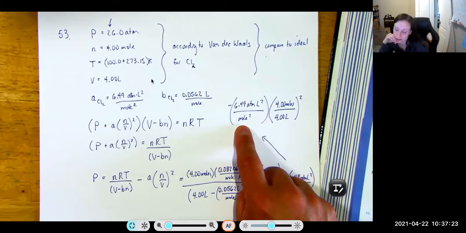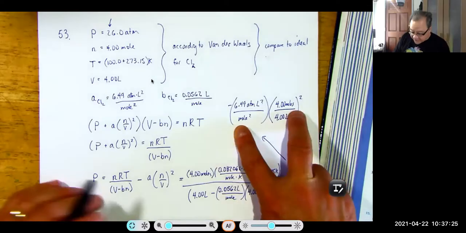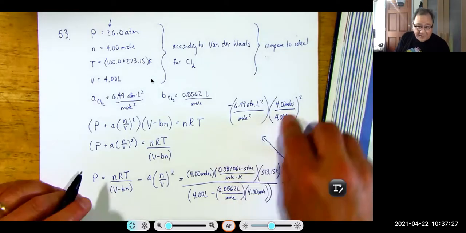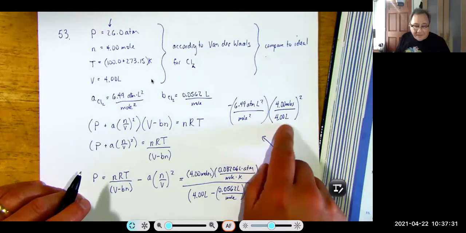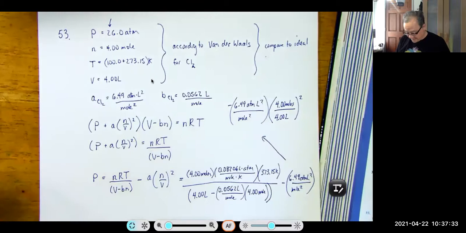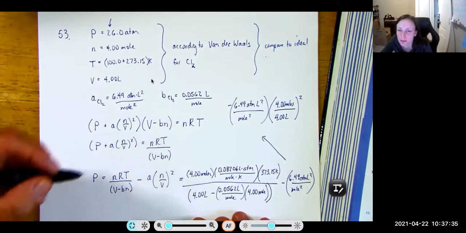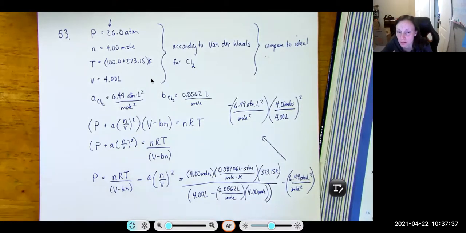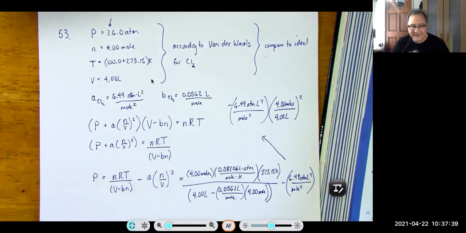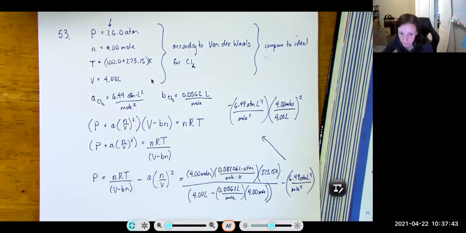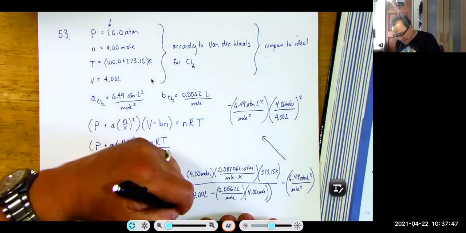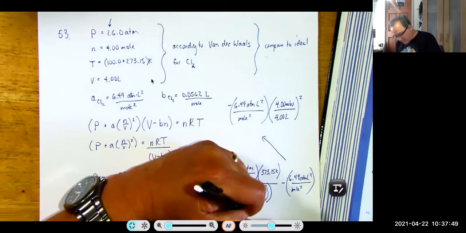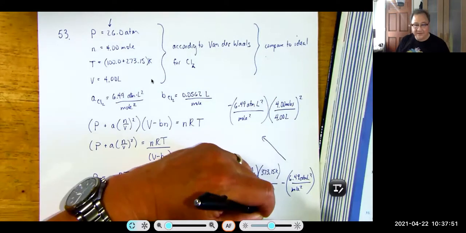They both cancel because this is moles squared and moles squared. Oh yeah. And this is liters squared and liters squared. So what happens there? Oh, those cancel too. Right. So yeah, we end up getting negative 6.49 atmospheres. You with me? Yeah. Okay, so here we know that that's minus 6.49 atmospheres without even touching the calculator.